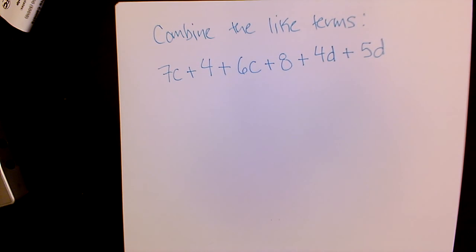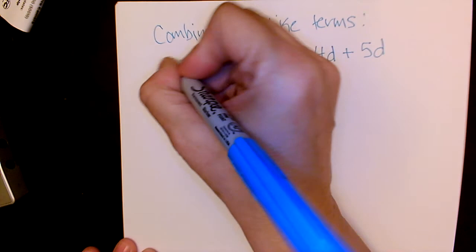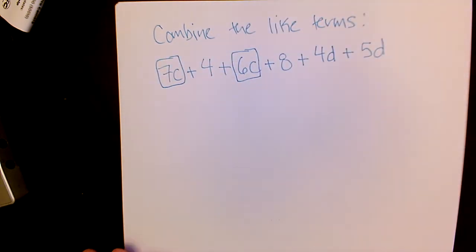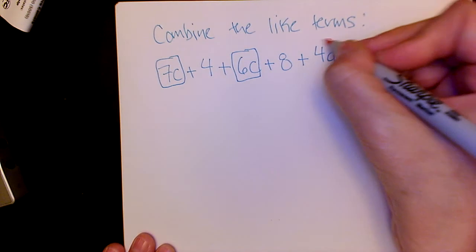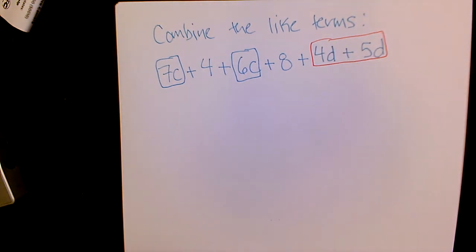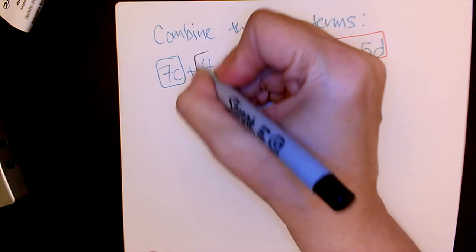Okay, I've got three things going on here. I've got C's, I've got D's, and I've got constants or numbers.